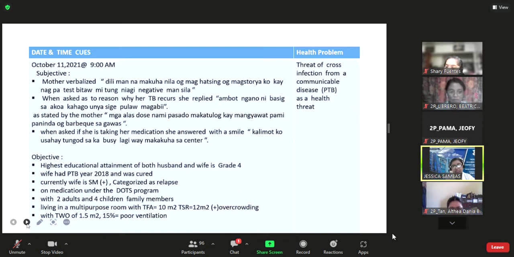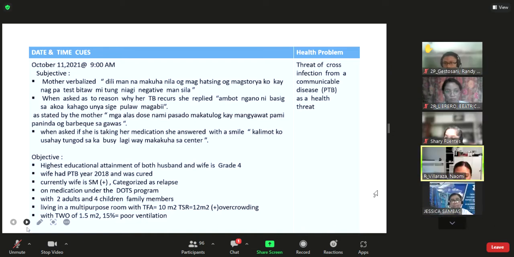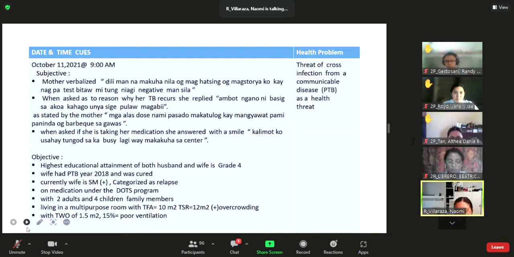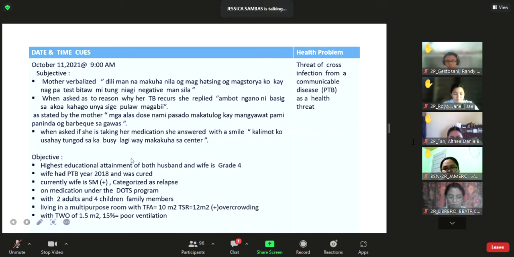Miss Villaraza, where do we find the family nursing problem? In the typology, particularly in which level of assessment? The first level of assessment?